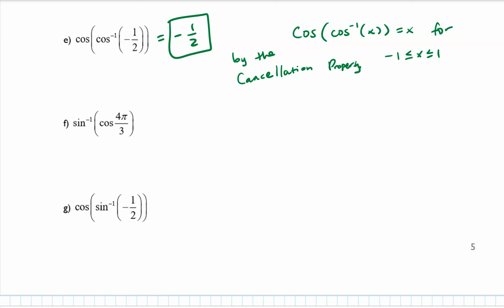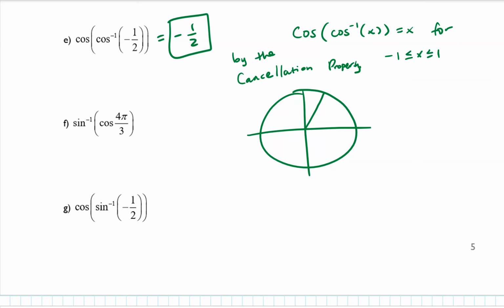Okay, let's look at part F, which wants us to evaluate sine inverse of cosine of 4 pi over 3. So I'm going to draw my unit circle, 4 pi over 3. Let's see, so this would be pi over 3.